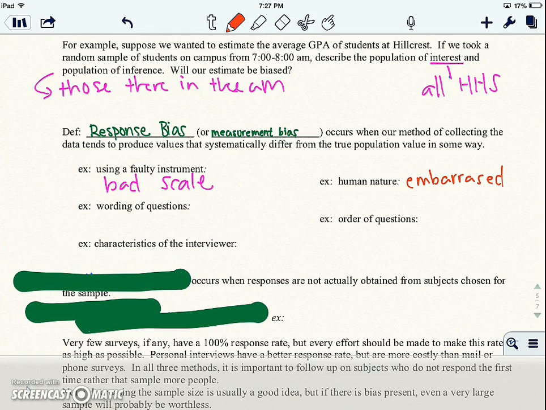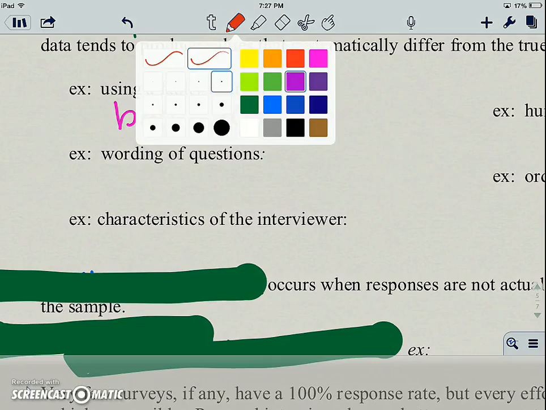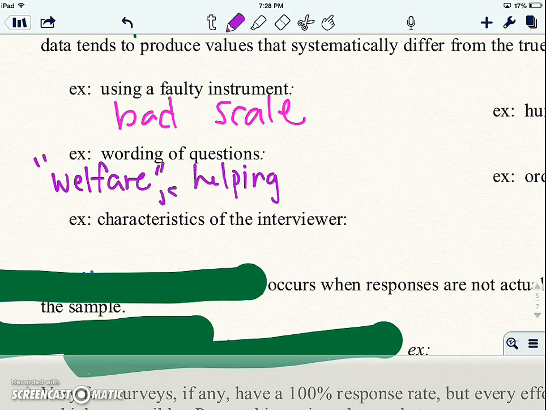So human nature. Wording of a question. If I said, are you in favor of welfare, which sometimes has a bad connotation, versus helping people financially until they can get on their feet? Okay, one has a bad connotation and the other a slightly better connotation.